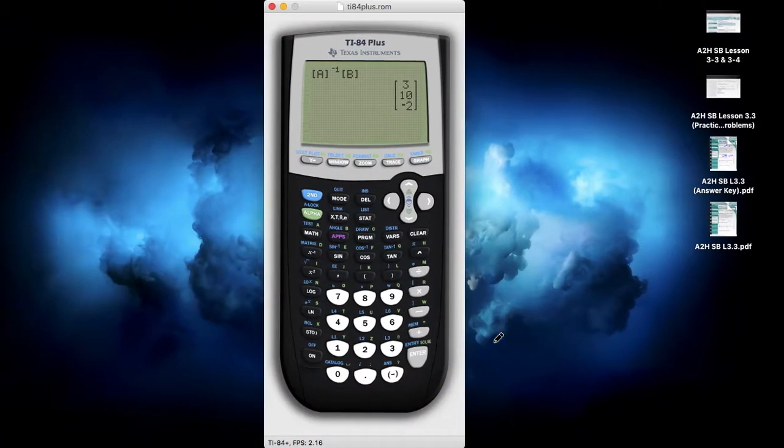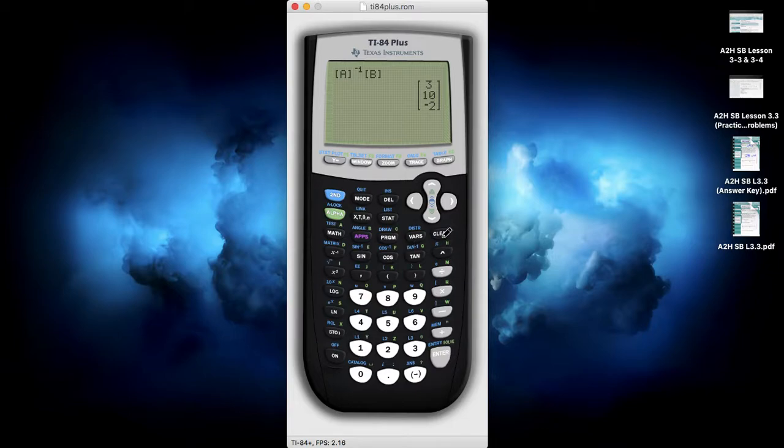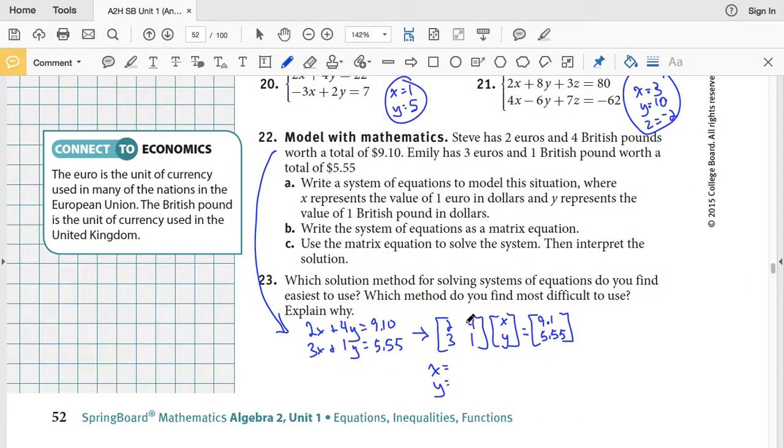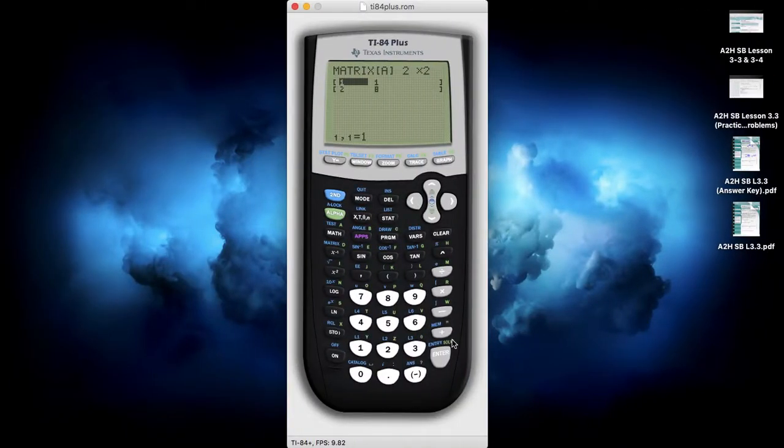Okay, so we will clear out of here. Second matrix, we'll go to edit, and this is going to be a 2 by 2. In this case, we've got 2, 4, 3, 1. And we'll go to second matrix again and go to edit B. And this is going to be a 2 by 1.